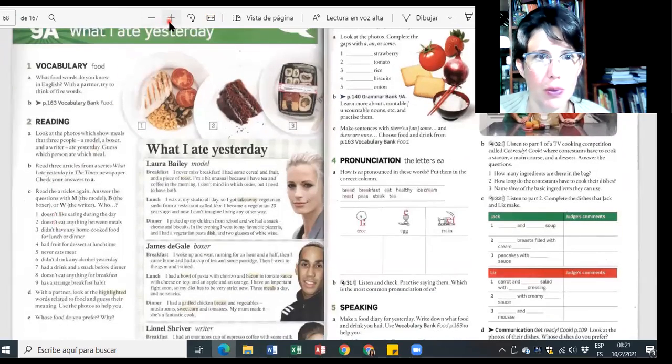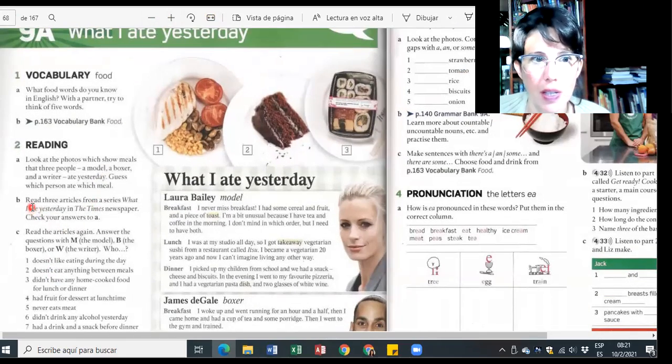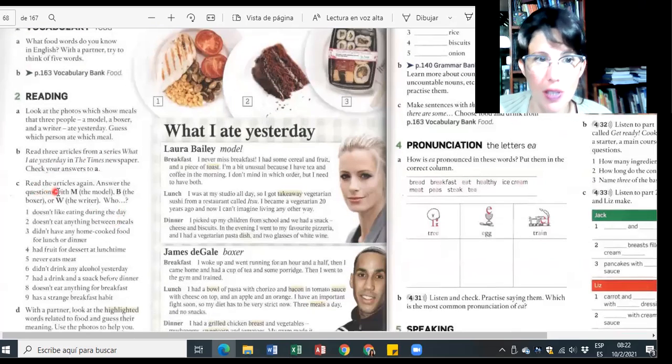A little bit more. Here we are. Read 3 articles from a series, What I Ate Yesterday, in the Times newspaper. Read the articles again. Answer the questions with the M for the model, B, the boxer, or W, the writer.